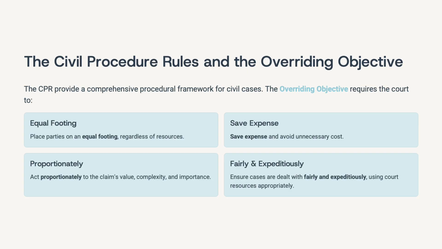That means no dragging things out, no drowning your opponent in paperwork, and no turning up with a 200-page skeleton argument for a small claim. You need to keep everything proportionate, and a small claim about a broken toaster cannot become very complex.